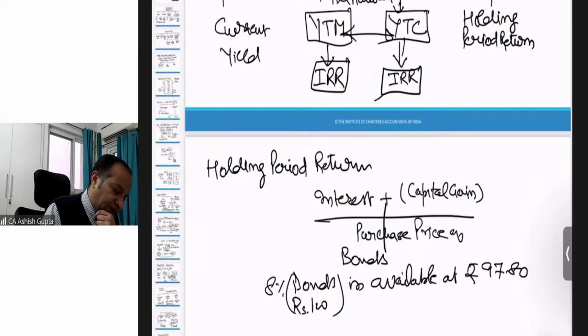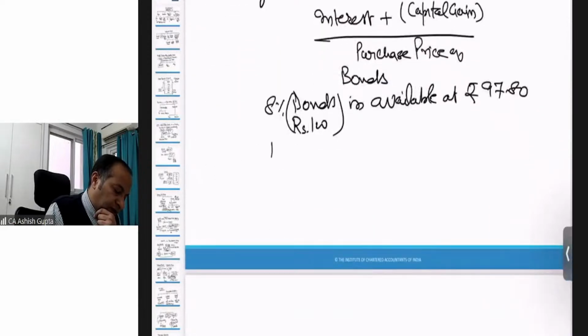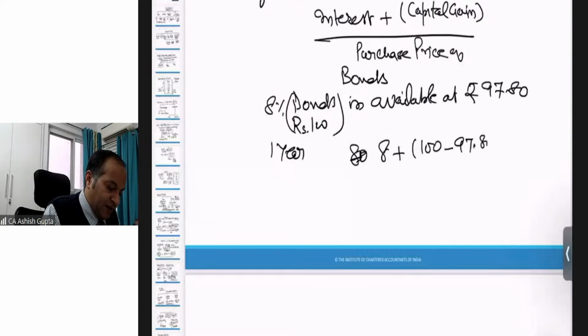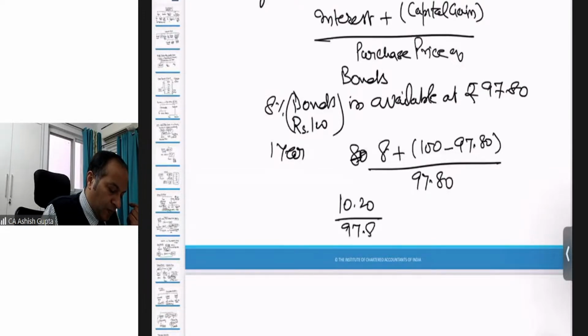Say if it is held for 1 year, I will get interest of 8 in the 1 year, and I will get the redemption back. So my return will be this, and this is my holding period return.